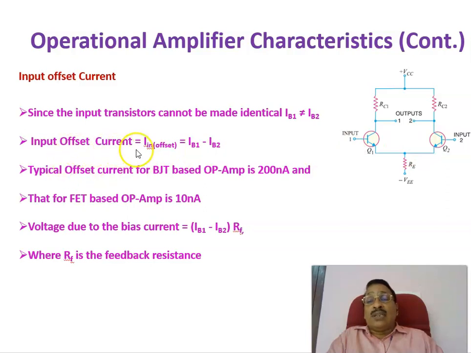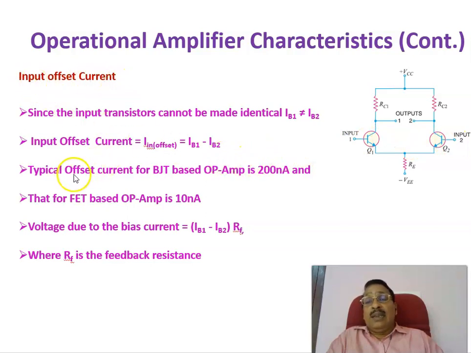The input offset current is given as IB1 minus IB2, the difference in the base currents. Ideally they are equal, but practically IB1 will not be equal to IB2. How much the base currents IB1 and IB2 differ, that we call the input offset current.